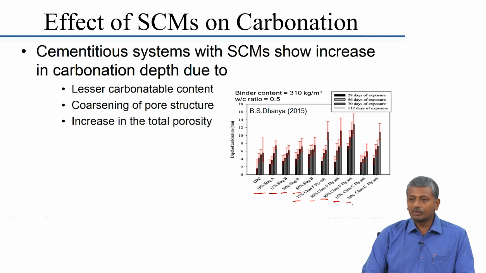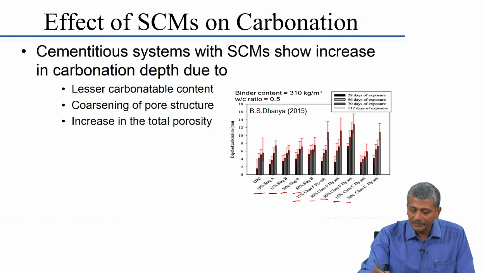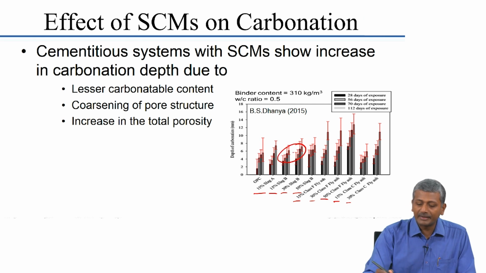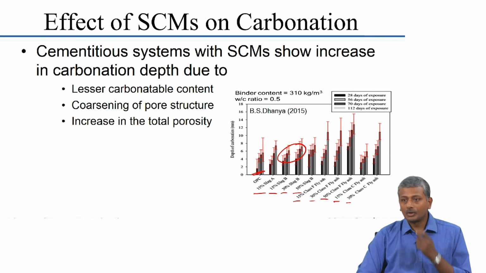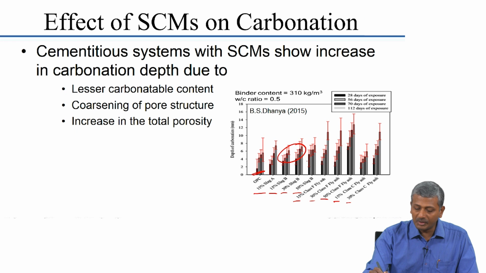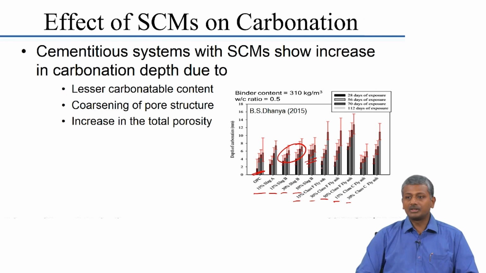Okay. So, what we were able to get from this is the fact that when you have 15 or 30% slag, your carbonation rates or the extent of carbonation depth is not that much different as compared to OPC. But when you move to 50%, the carbonation depths are increased as compared to OPC.